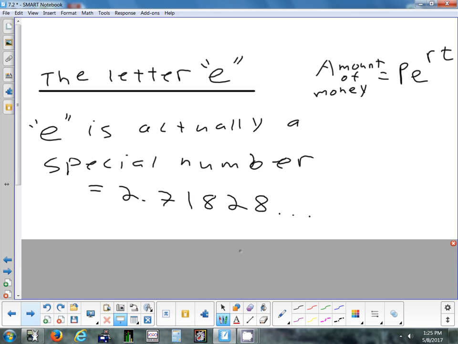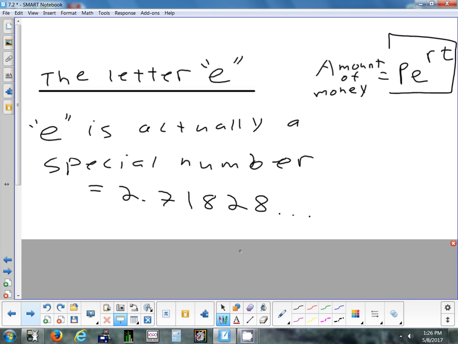So I talked before about compounding and how often it happens. If it happens yearly, you make money all year, and then at the end of the year, the bank puts the money in your account. If it's compounded monthly, you make money all month, and then you get your money for interest a little sooner. You get it at the end of the month. If it's compounded daily, then you make money all day, and the bank deposits 2 cents or whatever the interest is in your account at the end of every day.